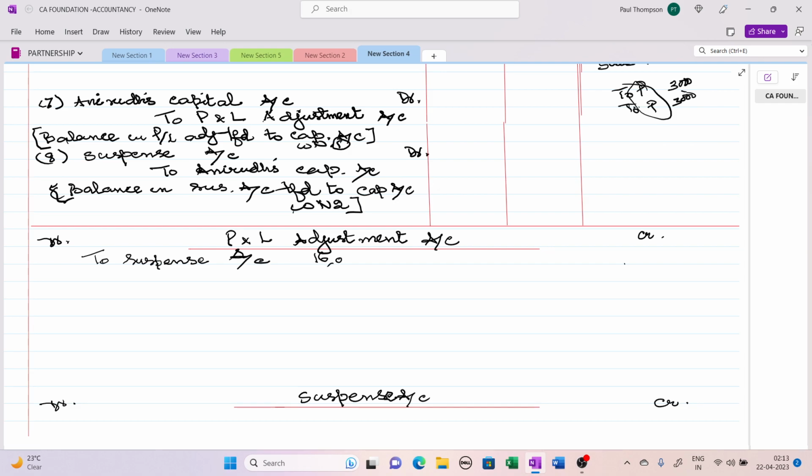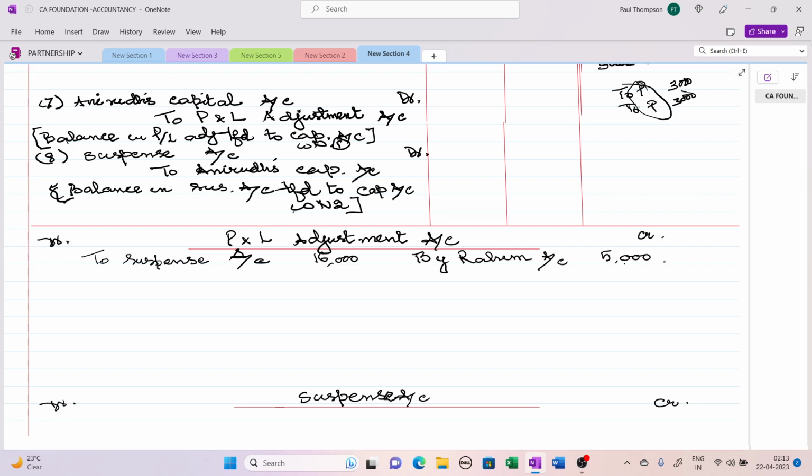So I am writing on the debit side to suspense account. First item is over. Second item, Rahim account debited to PL adjustment account. So it is credited by Rahim account, 5,000.